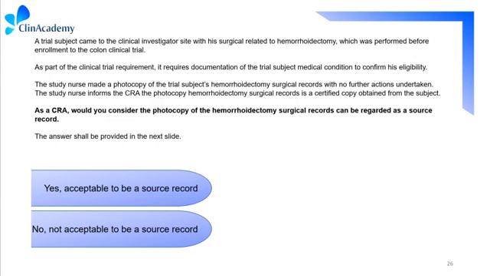The study nurse informs the CRA the photocopy of the hemorrhoidectomy surgical records is a certified copy obtained from the subject. As a CRA, would you consider the photocopy of the hemorrhoidectomy surgical records can be regarded as a source record? The answer shall be provided in the next slide.